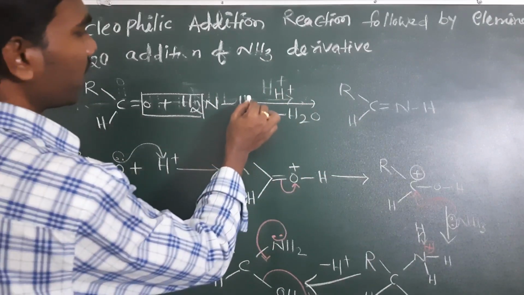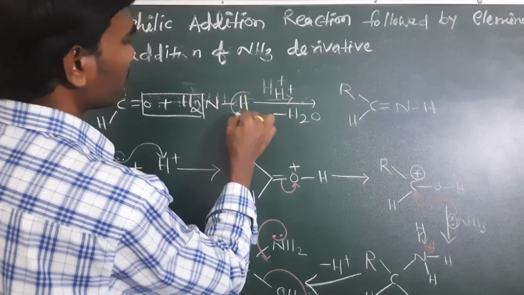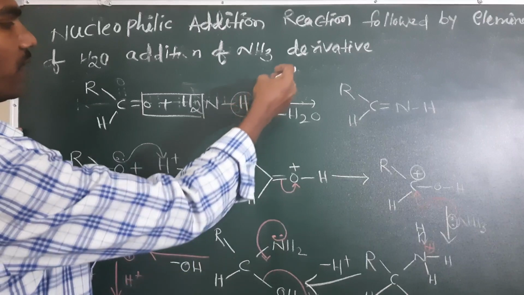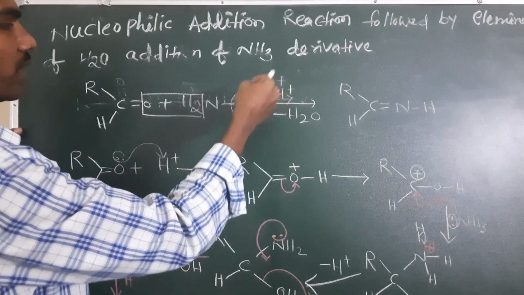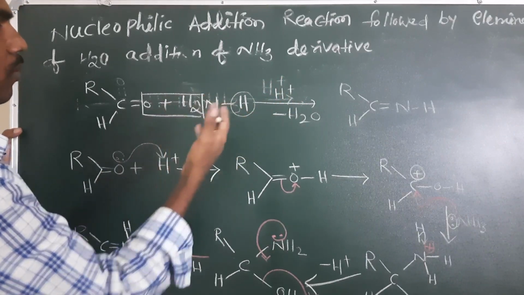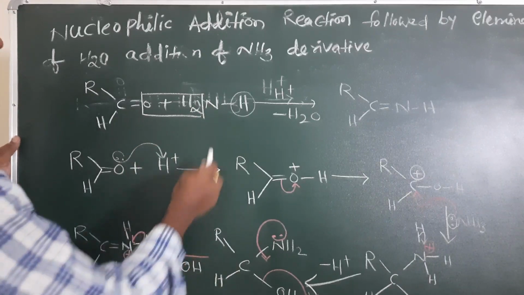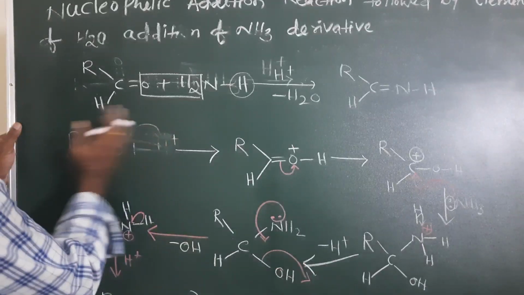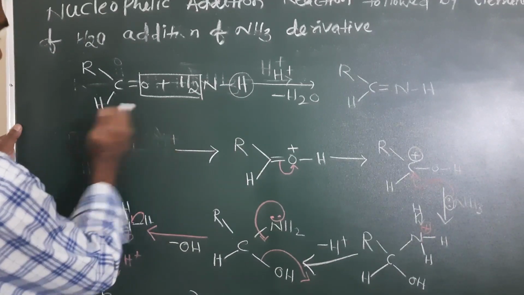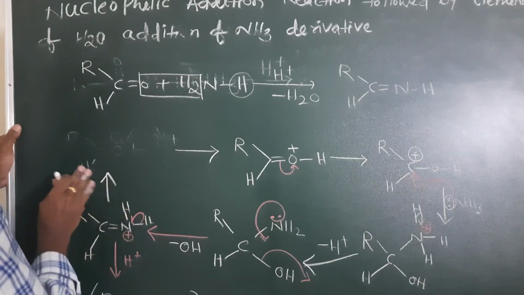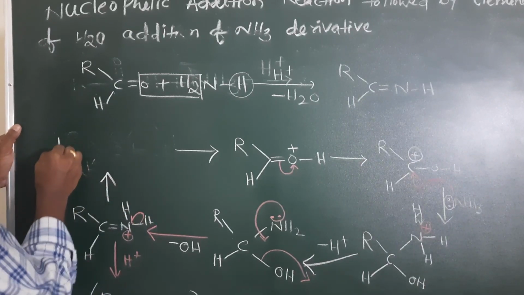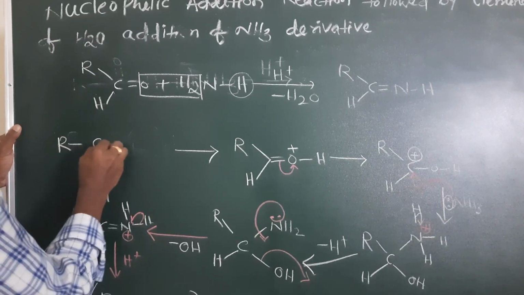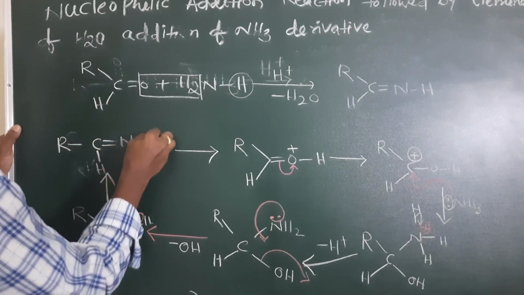Now instead of hydrogen you can introduce different types of functional groups, and then we call them ammonia derivatives. For example, instead of this hydrogen, if I take an OH group here, from this we are going to get R C H double bond N OH.